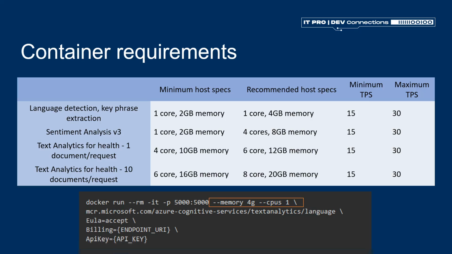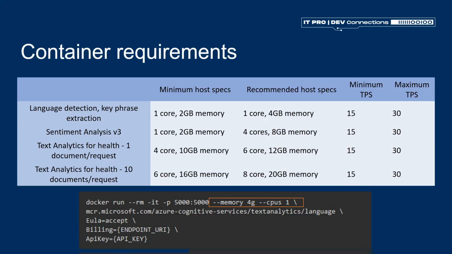The minimum host specs this service requires is 1 core and 2 gigabytes of memory. The recommended by Microsoft is 1 core and 4 gigabytes of memory. But this is not fixed. You might have to give more resources if you have more connections or multiple apps connecting to this API.